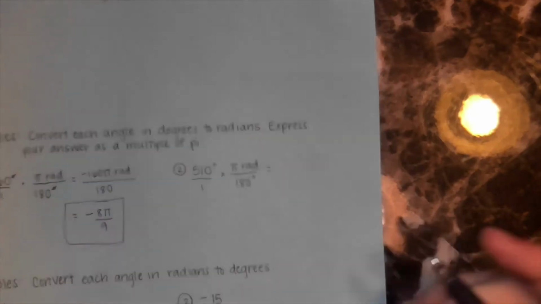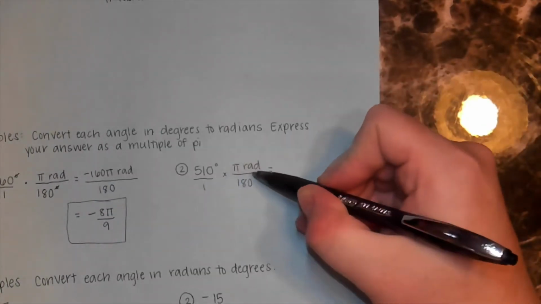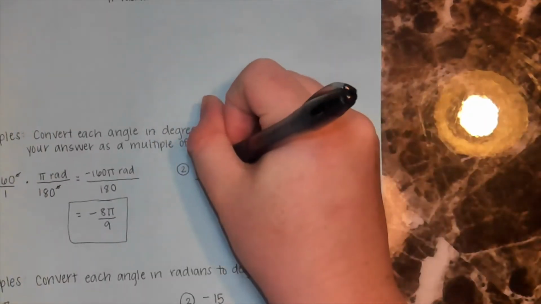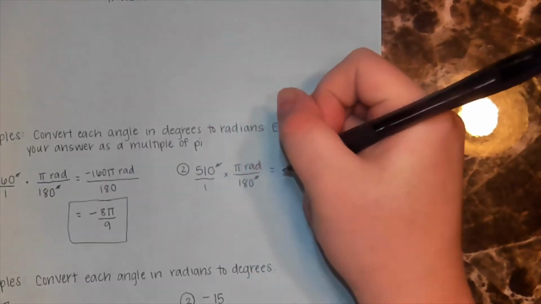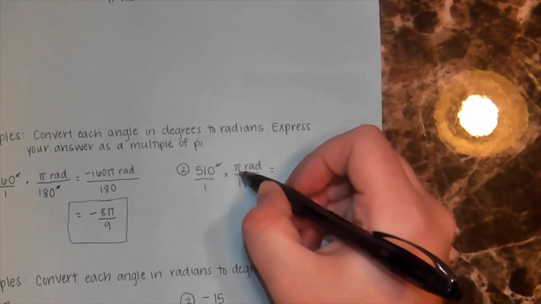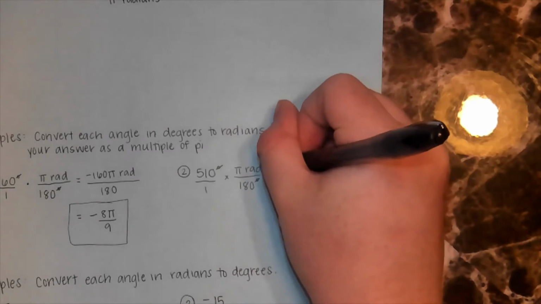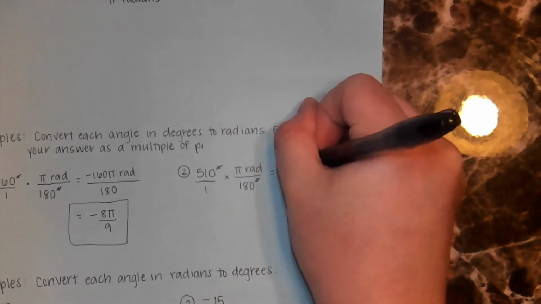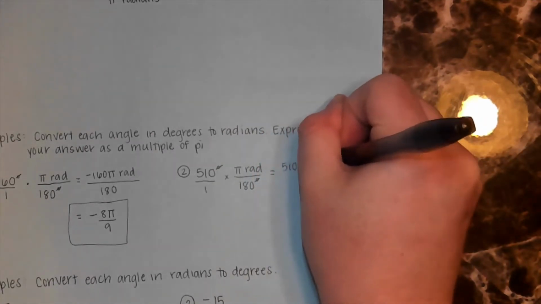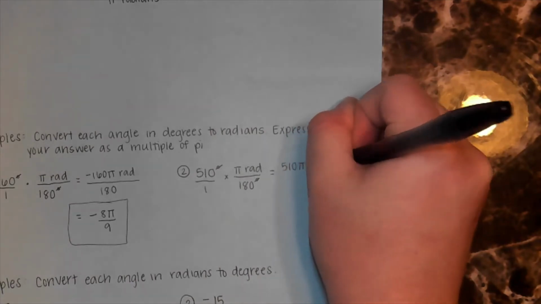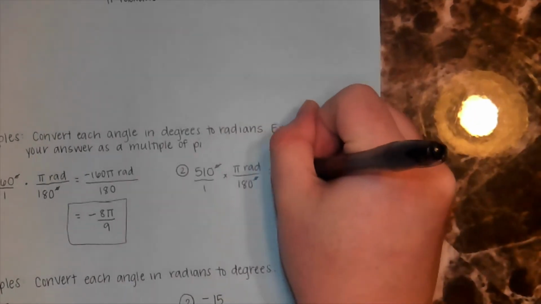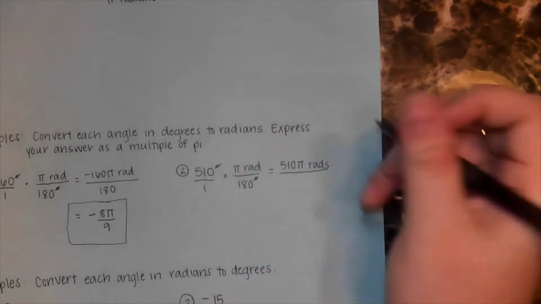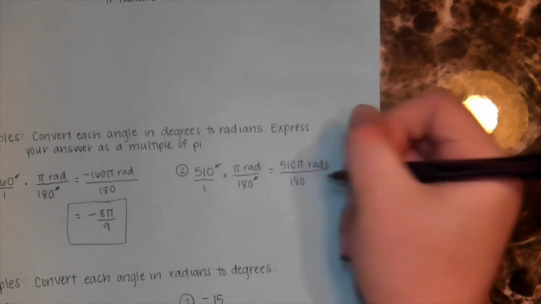And we multiply straight across. So we have degrees top and bottom, so that will cancel. 510 times pi radians is just 510 pi radians. And in the bottom, we have 1 times 180, which is just 180.